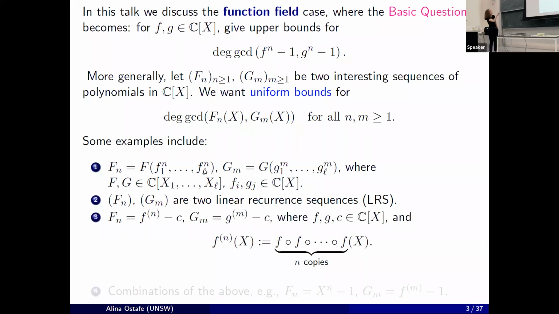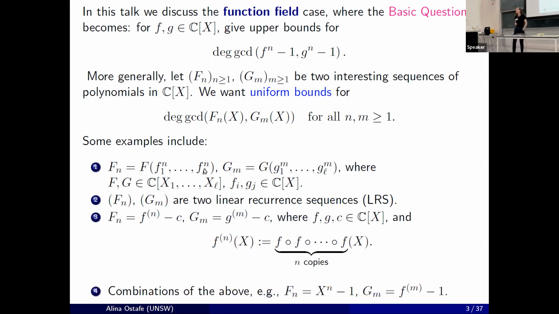One can also replace the powers with compositional iterates. Instead of the nth power, I iterate the polynomial n times. So for example, one can look at the GCD of f iterated n times minus some polynomial, and g iterated n times minus the same polynomial.